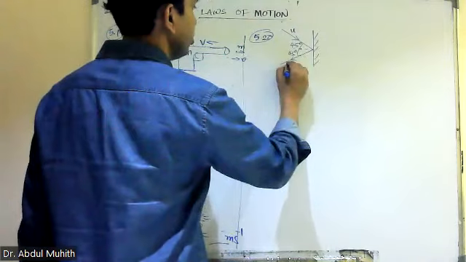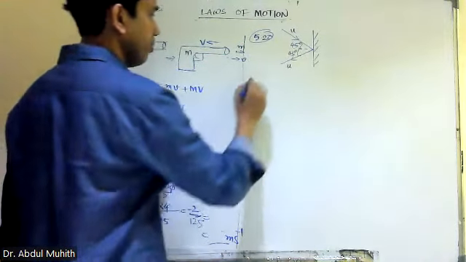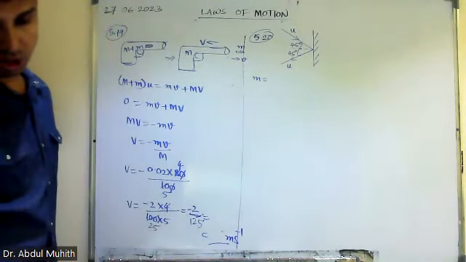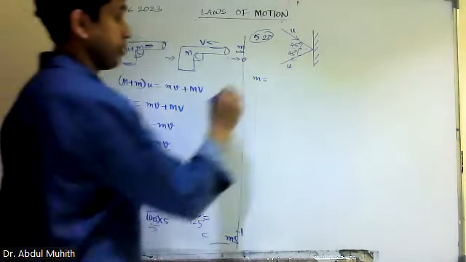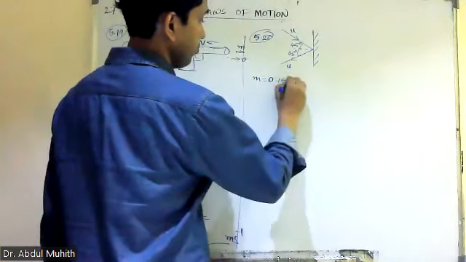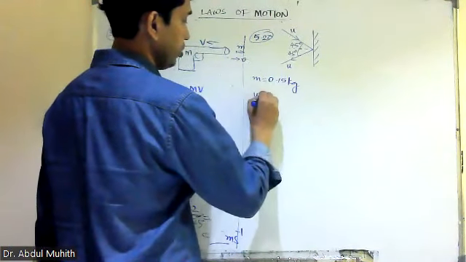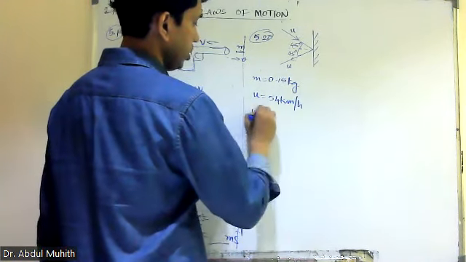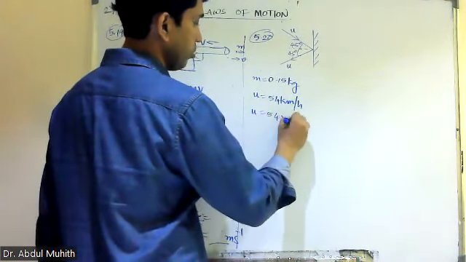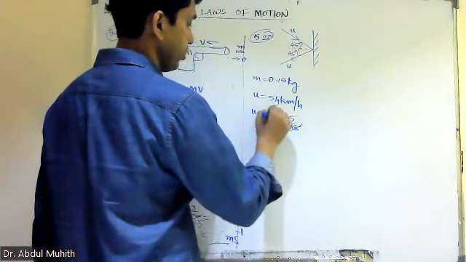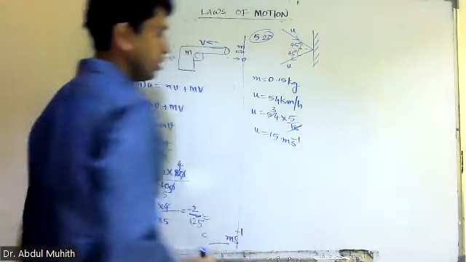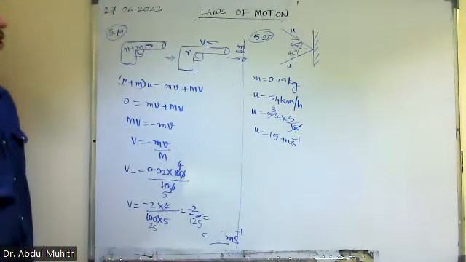This is u, this is also u. The mass of the ball is 0.15 kg, and u is 54 kilometer per hour, which is 54 into 5 by 18 to convert into meter per second. So u is 15 meters per second. This is the speed of the ball.